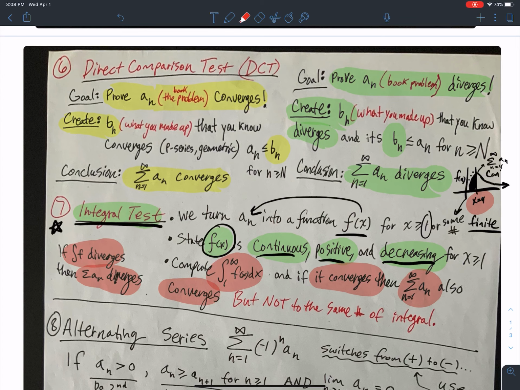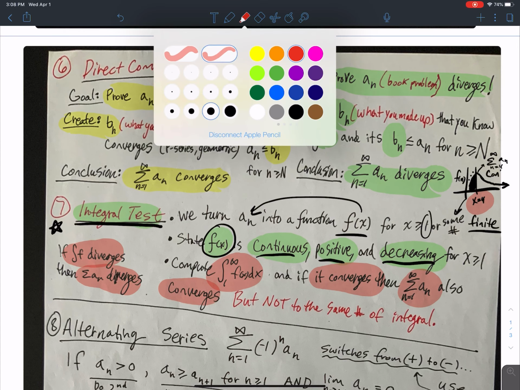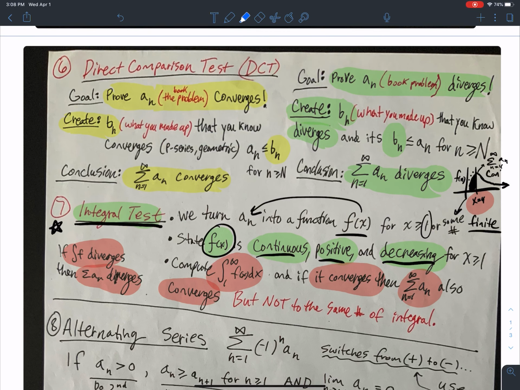But what I want you to note, and something that I stressed in the lessons, was that just because it converges doesn't mean it converges to the same number as the integral.